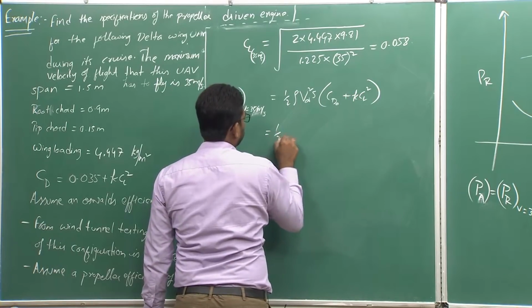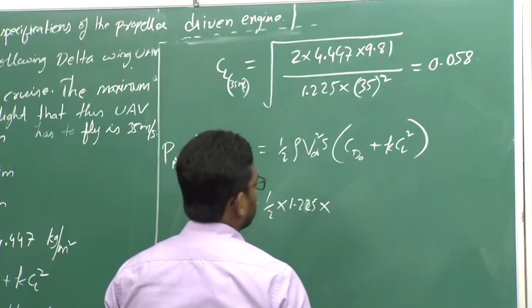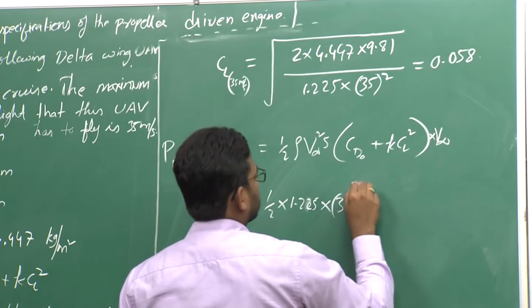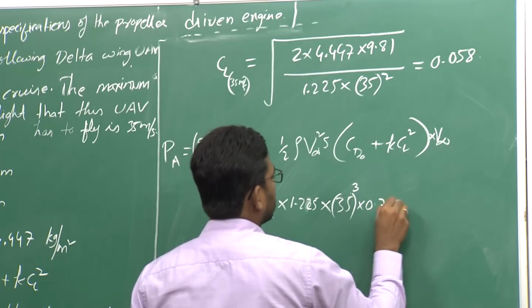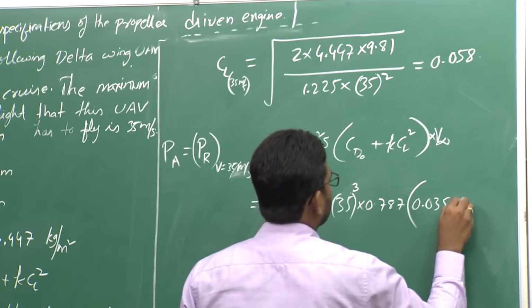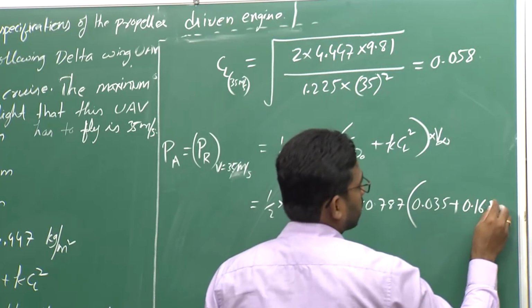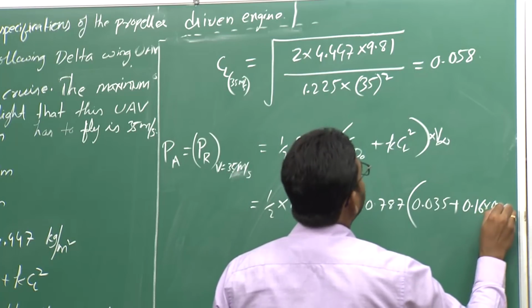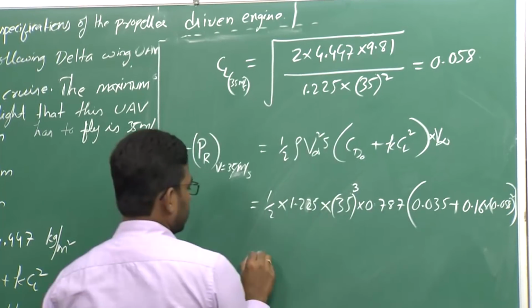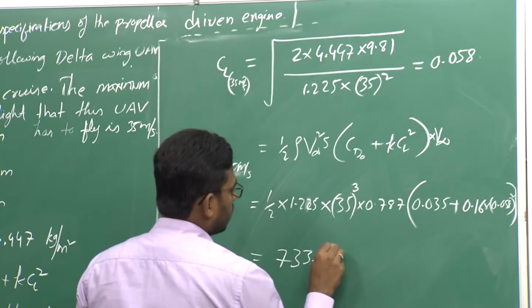This equals half into 1.225 into 35 cube into 0.787 into (CD naught, which is 0.035, plus 0.16 into CL square, 0.058 square). So, this equals 733.691 watts.